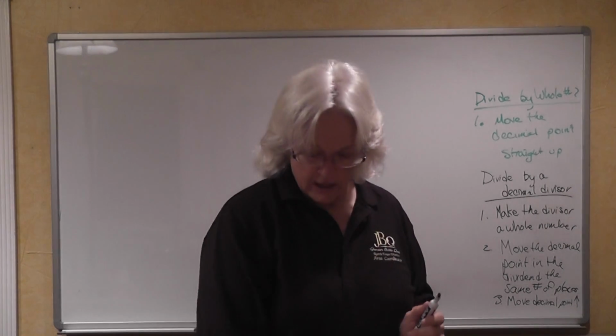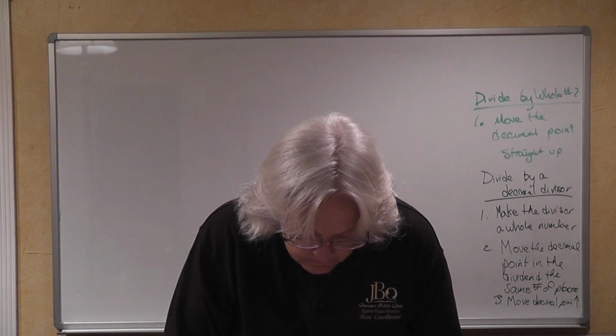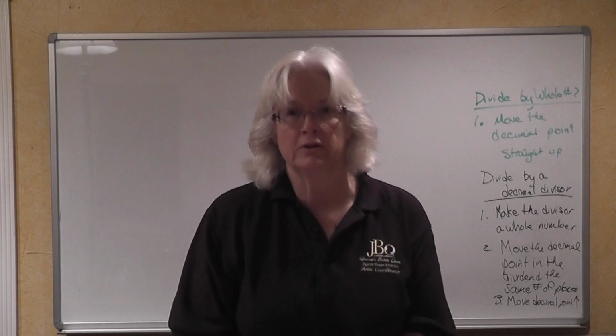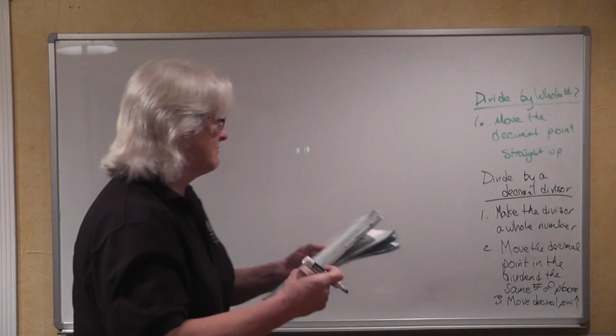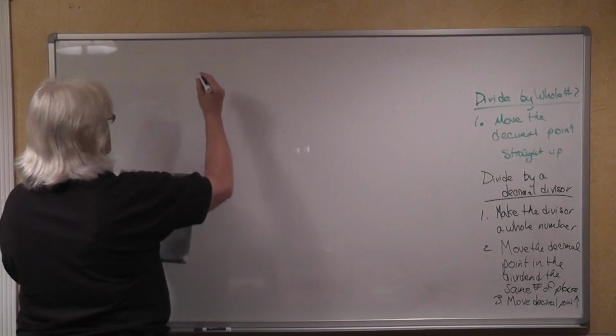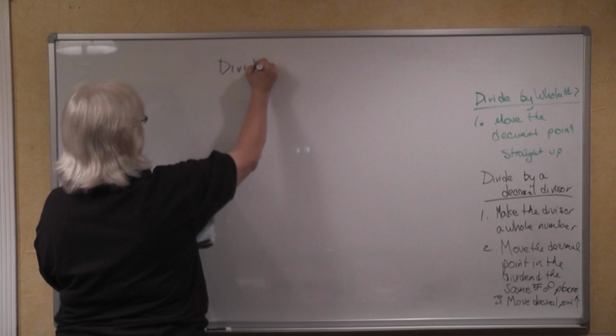Let's see which ones I'd like to do. I think I'm going to do the remaining odd numbers. We have problem 5, 7, and 9. So these, 5 and 7, simply say to divide.